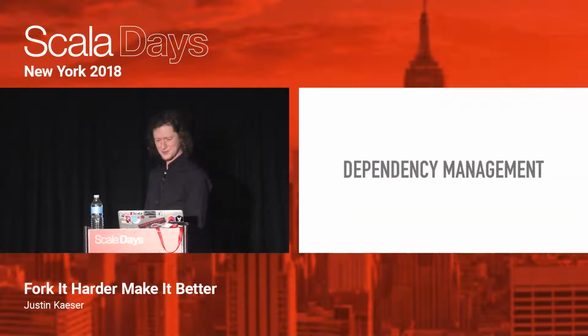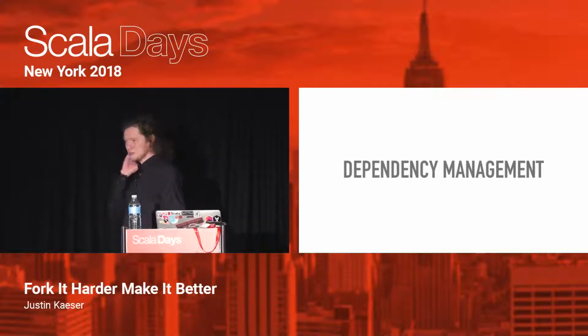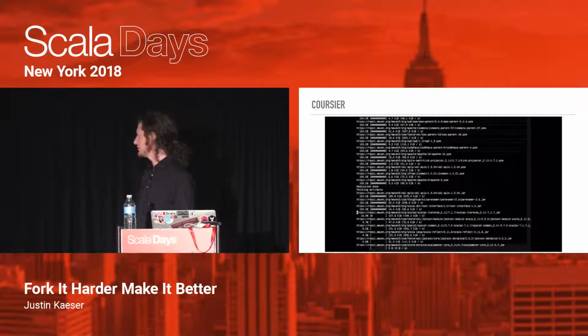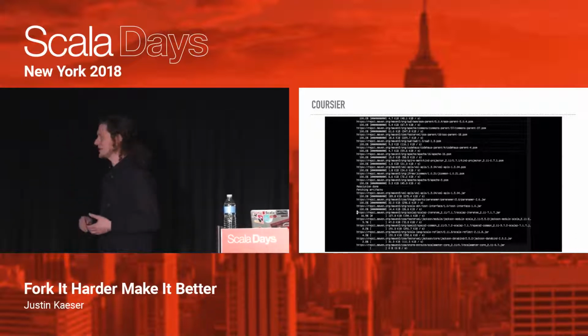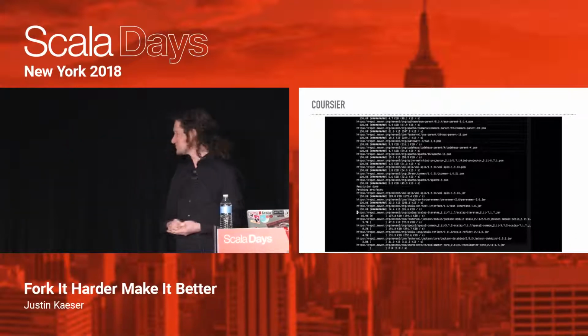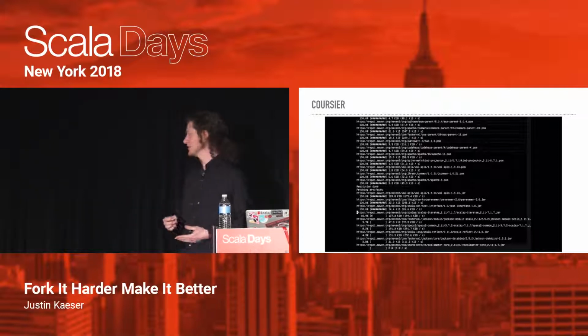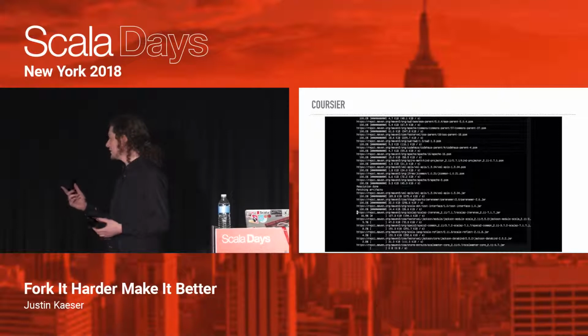Okay, next step, dependency management. In SBT, we're semi-stuck with Ivy, which tends to be kind of slow in resolving other dependencies. There's actually a drop-in replacement, Coursier, you probably heard about it. It's a little bit faster. So if you add it as an SBT plugin, you can speed up your updates, especially in IntelliJ, which needs to do a re-resolve of things quite a bit.